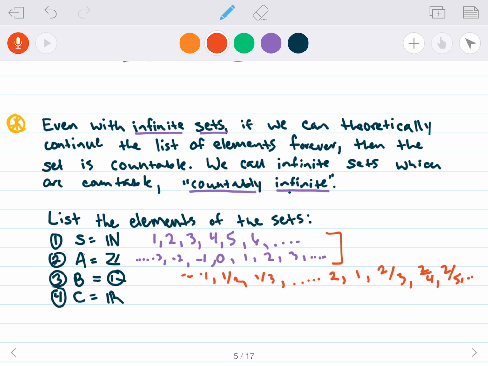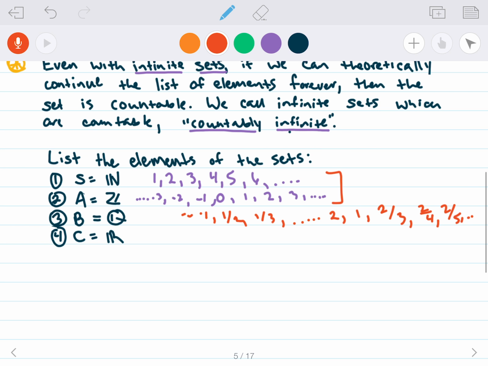Now what about the real numbers? You cannot theoretically list the real numbers forever and ever. There's no pattern, rhyme, or reason to the real numbers. There's no list of all possible combinations for decimal expansions. There's weird things with no pattern.